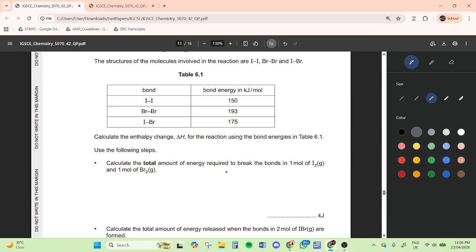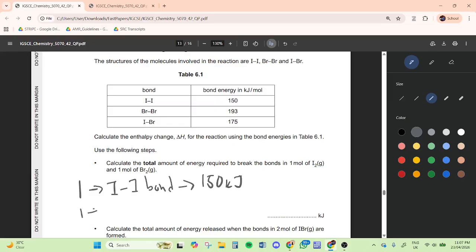Calculate the total amount of energy required to break the bonds in 1 mole of iodine and 1 mole of bromine. So 1 mole of iodine means you're breaking 1 I-I bond, which means you need 150 kilojoules.